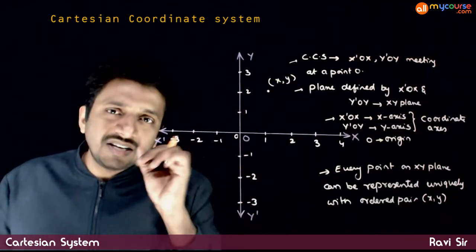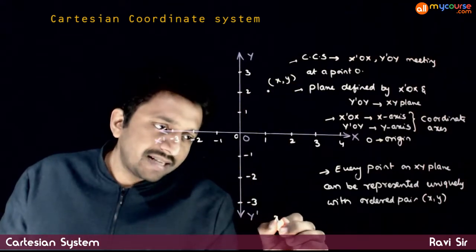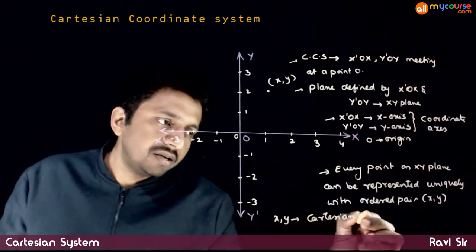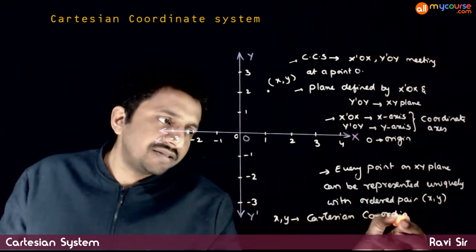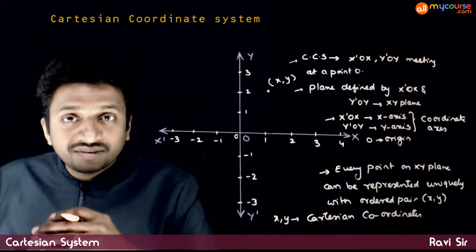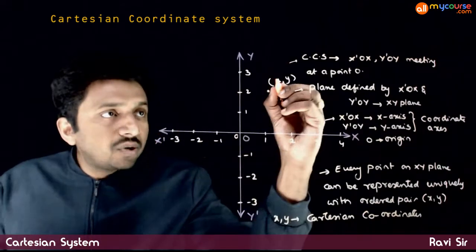And these x comma y are called Cartesian coordinates. And what is the definition of Cartesian coordinates?